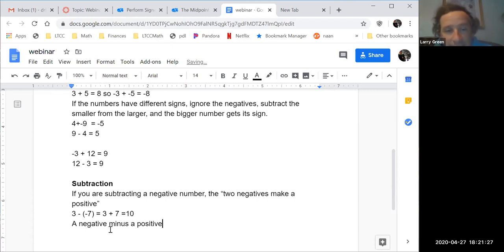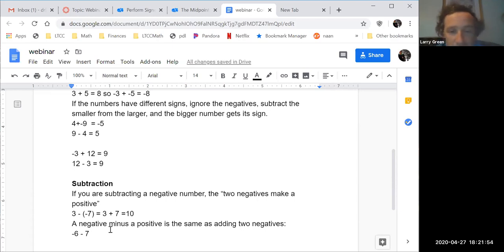Well, the nice thing is the same as adding two negatives. So let me do an example. Let's suppose we have negative 6 minus 7.